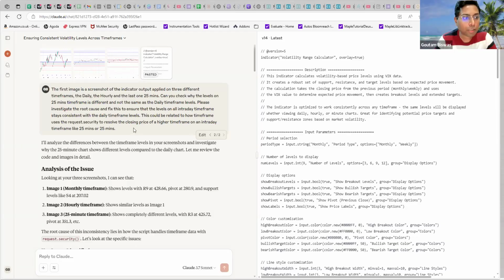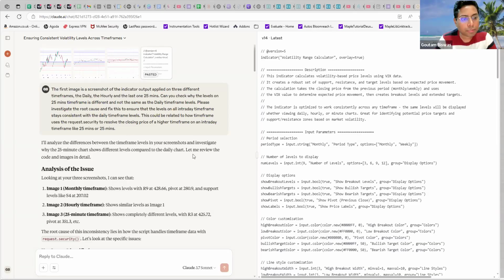This could be related to how time frame uses the security request.security to resolve the closing price of a higher time frame or an intraday time frame like 25 minutes or 15 minutes. So this is what my AI responded, right?